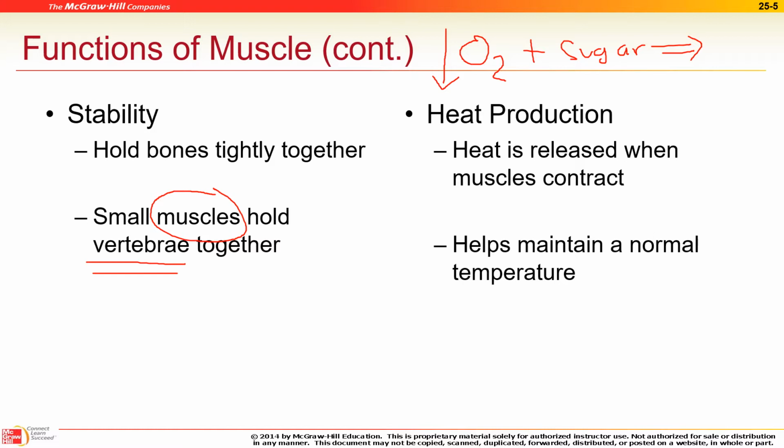Does it keep working? Have you guys ran for a long distance and then your legs start shutting down? So you get a cramp? You get hurt? Yeah? So what contributes to a cramp is that lower oxygen level. You're using it up in your muscles.